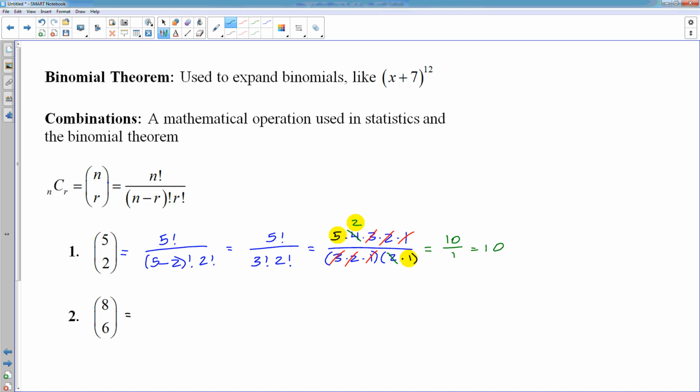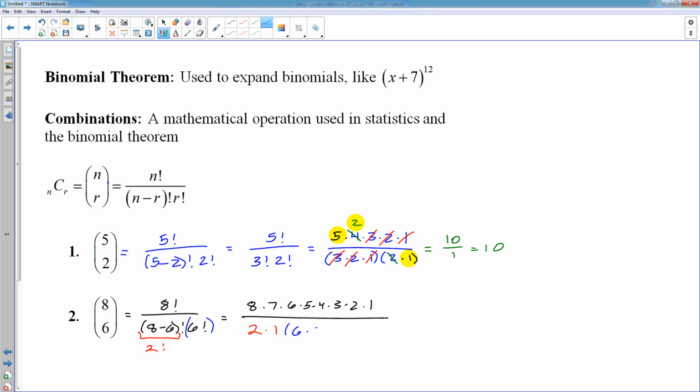8 choose 6 would set up the same way. 8 factorial over 8 minus 6 factorial times 6 factorial, and we would clean that up. So 8 times 7 times 6 times 5 times 4 times 3 times 2 times 1 over 8 minus 6 is 2 factorial, right? So that would be 2 times 1. And then 6 factorial is going to be 6 times 5 times 4 times 3 times 2 times 1.